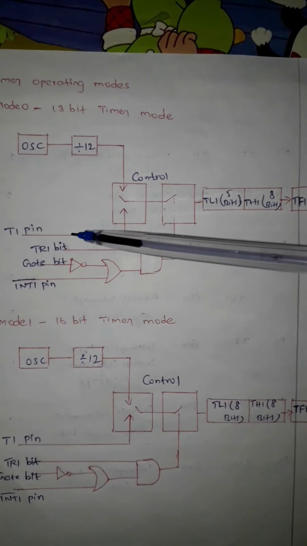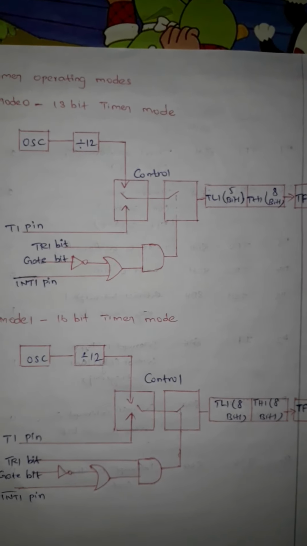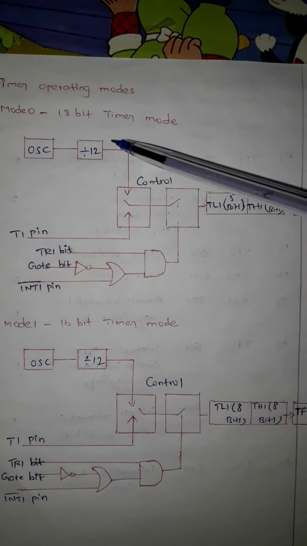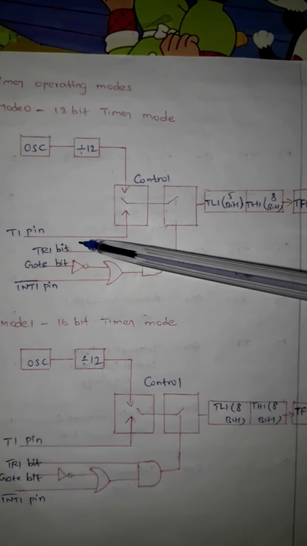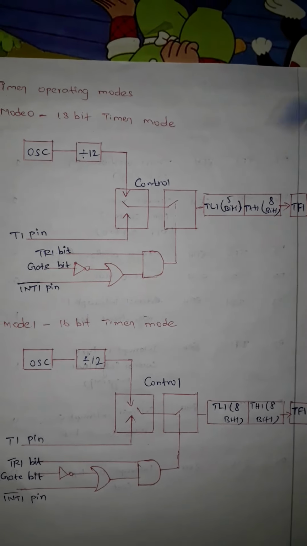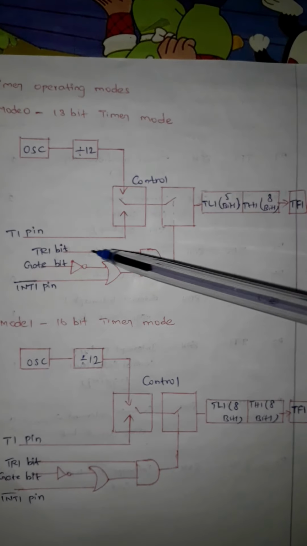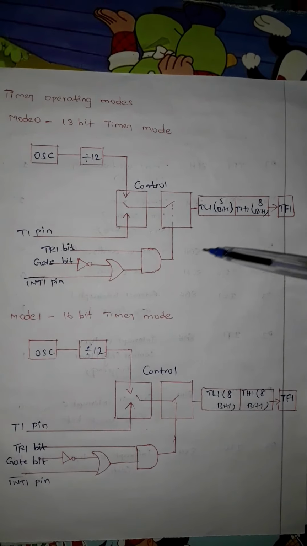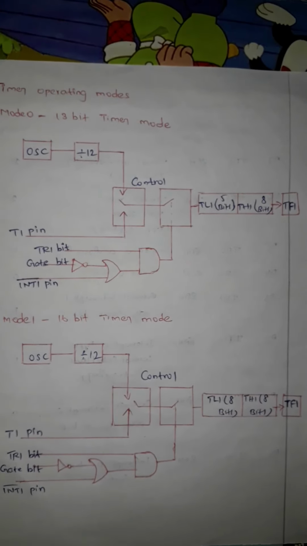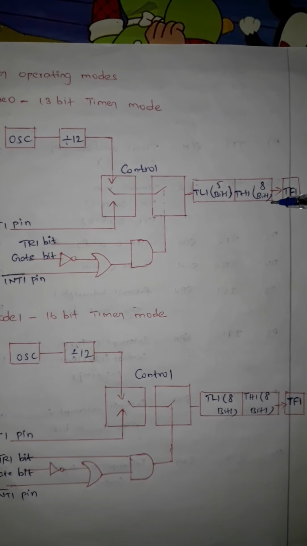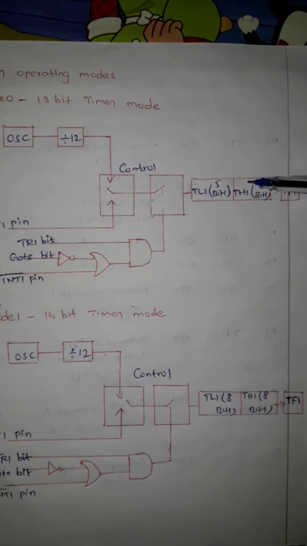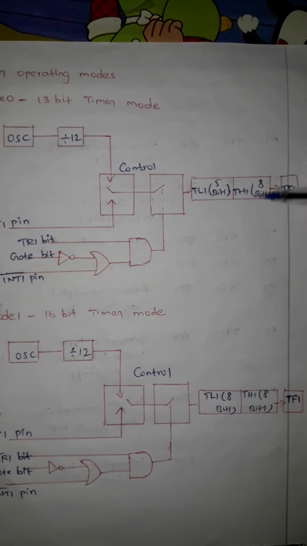So you can select the count mode, or you can select the oscillator for the internal clock for timer operation, or you can select the T1 pin for counting operation, and you can turn the timer on by using the TR1 bit, or you can turn it off. And you see that it is a 13-bit timer. So in the timer we are using only 13 bits. The lower 5 bits and higher 8 bits are used.